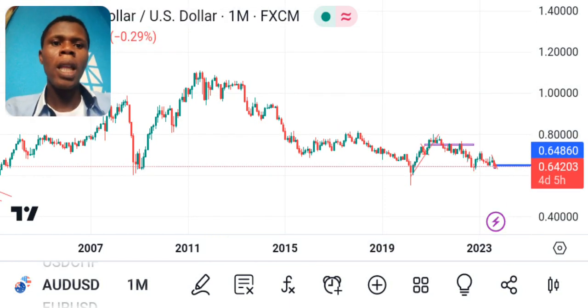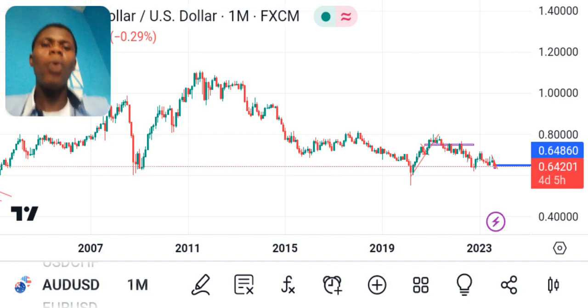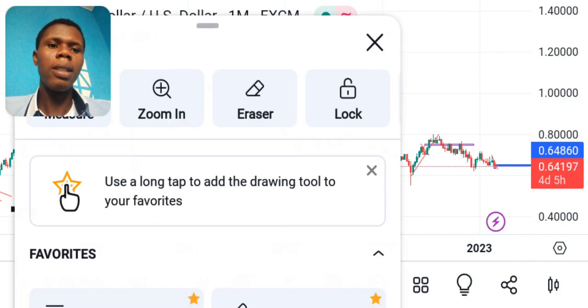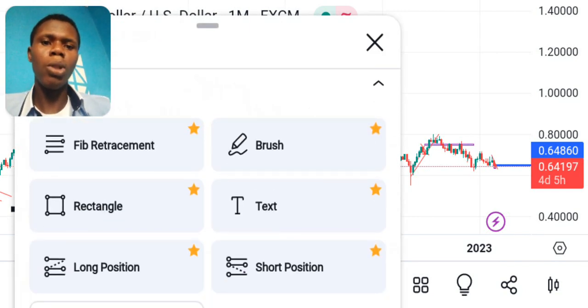Okay, now take note of this. Whenever the market is moving in a direction, it gives us a higher high and a higher low. Then let's take for example a market that is bullish. It's supposed to be doing something like this.